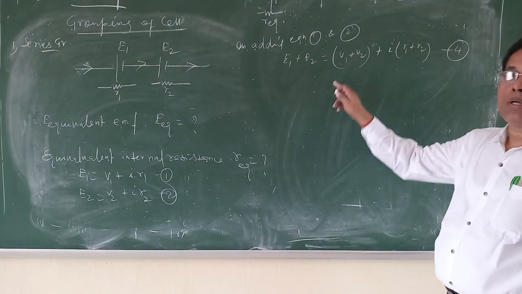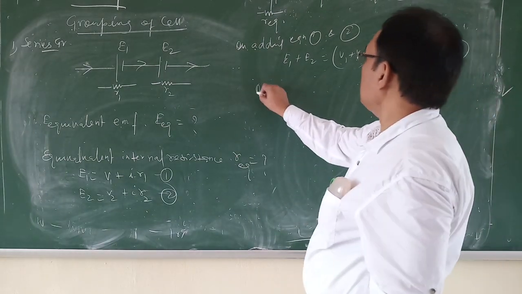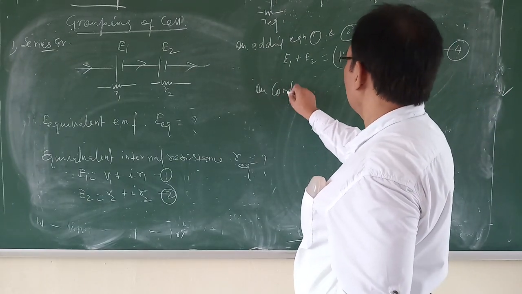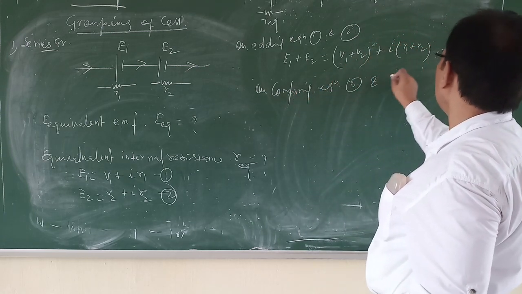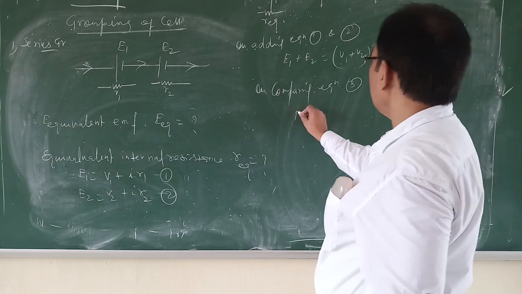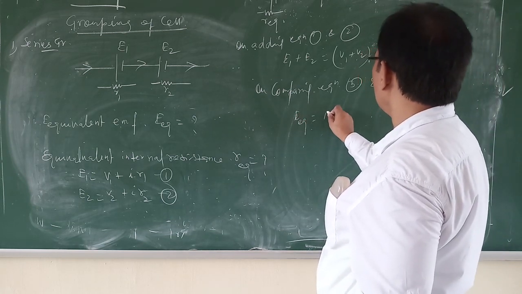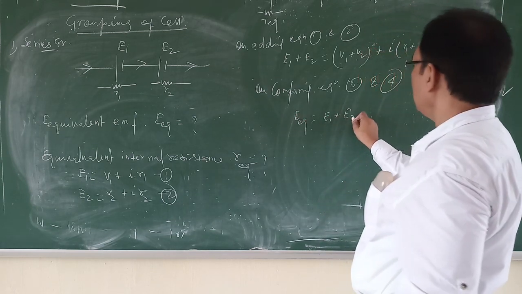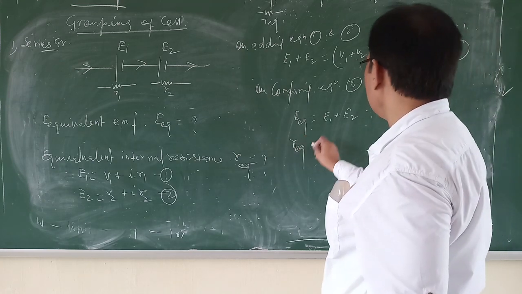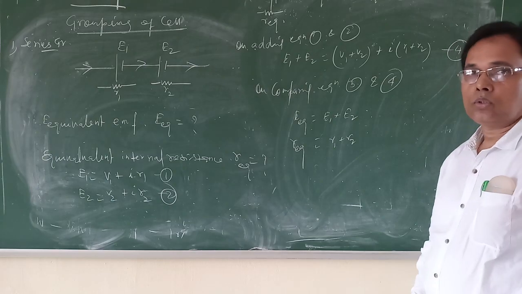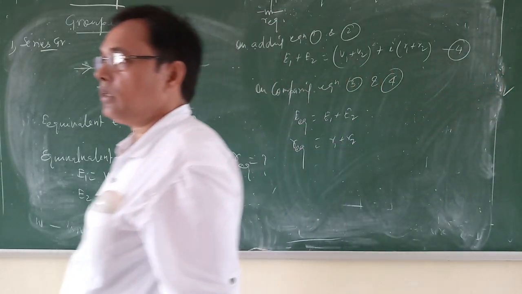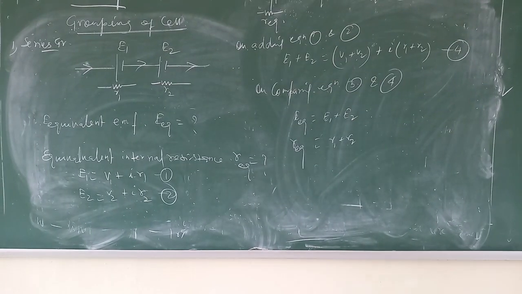Comparing equations 3 and 4, you get E equivalent equal to E1 plus E2 and R equivalent equal to R1 plus R2. So this is the equivalent of two cells connected in series.